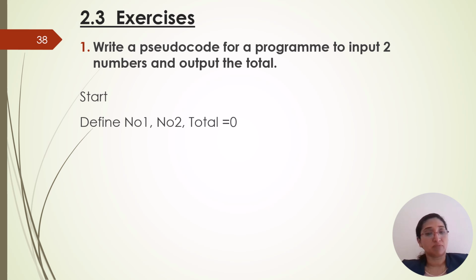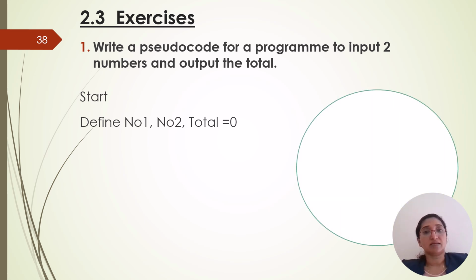It is not compulsory because there are no standard rules. To input two numbers, you need two memory locations, and to keep the total, you need another memory location. This is not compulsory, though I did it here. If you don't like, you can simply ignore this.